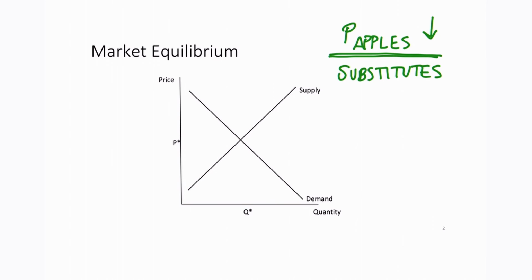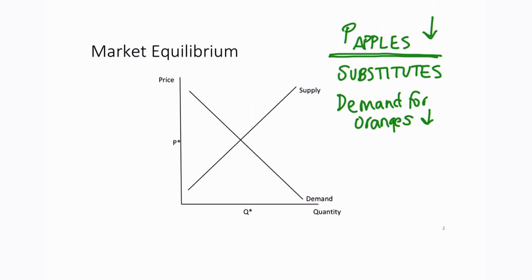So if the price of apples falls, apples become cheaper relative to oranges, all else equal. So we know that consumers will now demand more apples and less oranges. So with the price of apples falling, the demand for oranges is going to decrease as people consume more apples.